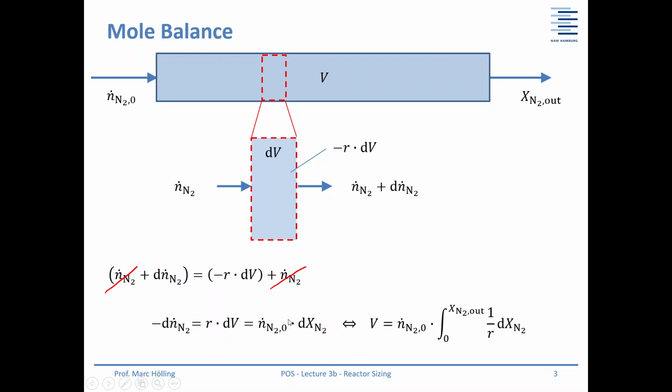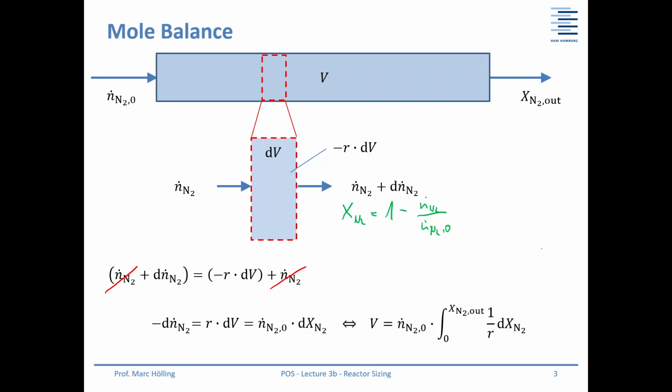Okay, and then you can rewrite it in terms of our conversion. If you don't see it at a glance, maybe just a few lines about it. The conversion of nitrogen can be written as 1 minus n dot N2 divided by n dot N2 at the inlet.